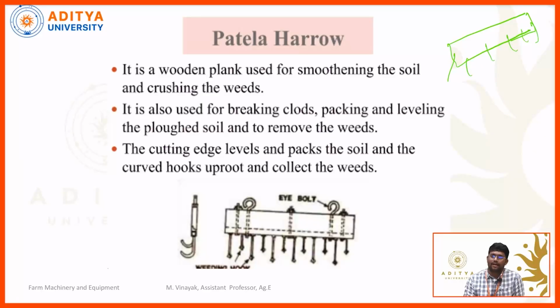In olden days it was operated by animals. This entire structure was mounted to the animal yoke by using this beam section. By pulling this entire wooden plank, we can get pulverization of the soil. So it is also called a wooden type harrow.